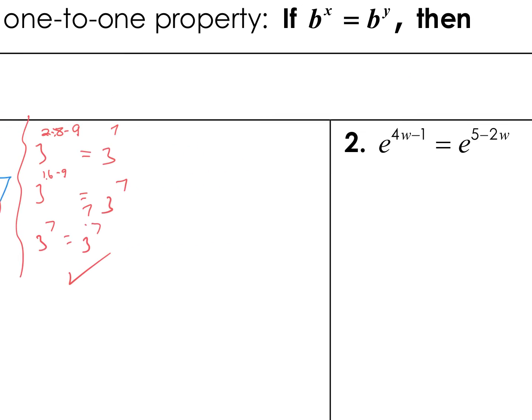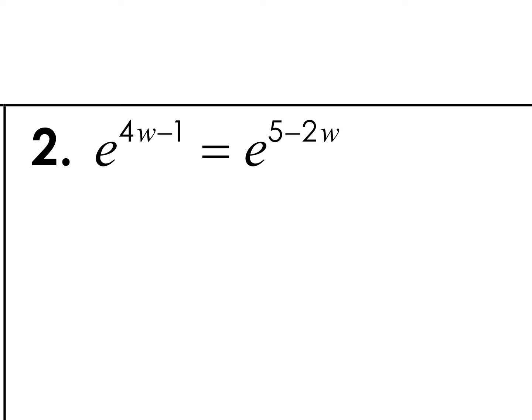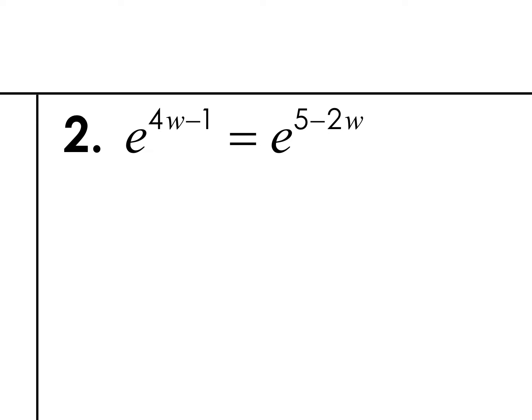All right, let's try another one. We have two exponential functions set equal to each other. Do they have the same base? Matthias, do they have the same base? What is the base? Well, then, if they have the same bases, that must mean their exponents have to be equal.